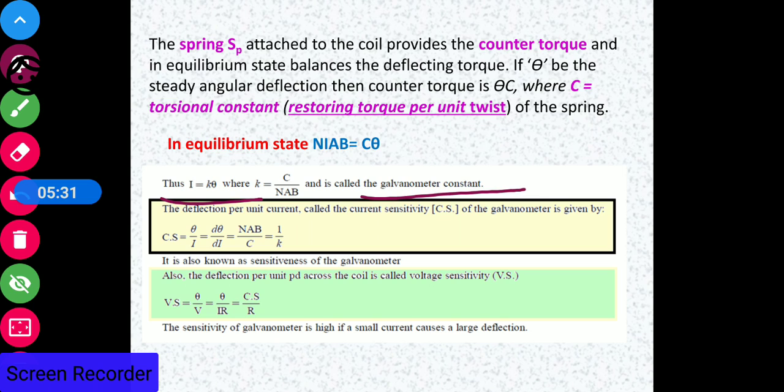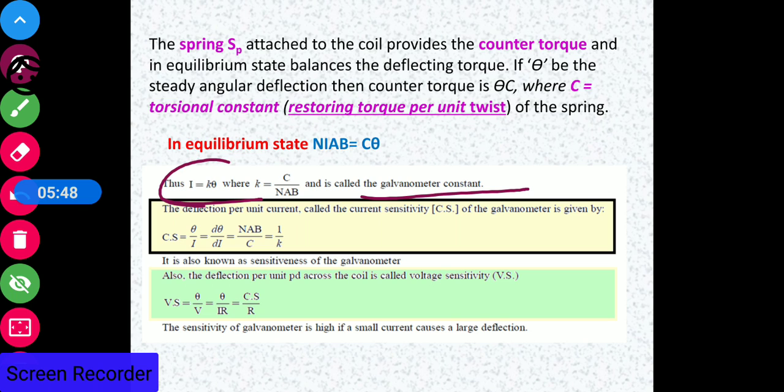This is called the galvanometer constant, and it is also known as the figure of merit. The figure of merit is the current per unit deflection. K is the figure of merit.